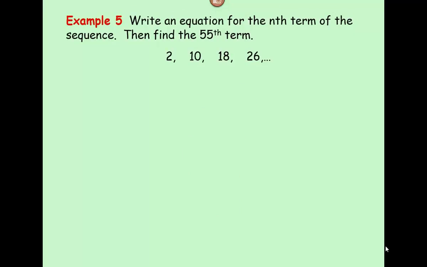For example 5, we go ahead and we're going to do the nth term of the sequence, and we're going to try and find the 55th term. So we need to find our common difference, which was 8. Our first term is 2.